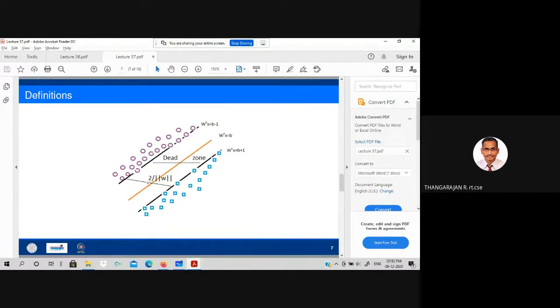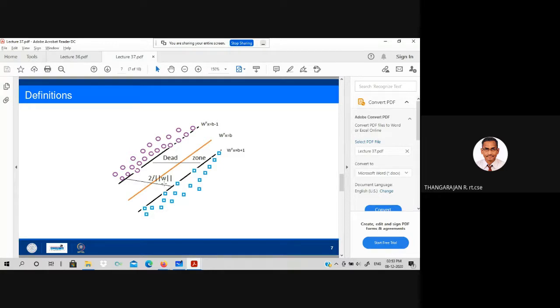That will separate your two classes, and the width of the margin is given by 2 by the norm of W. Because W is a matrix, we have to take a Frobenius norm.